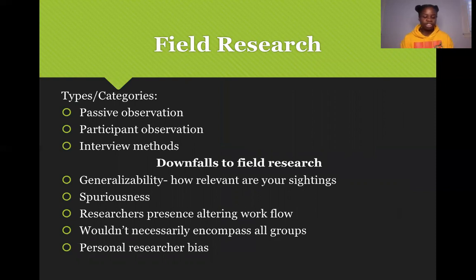Passive observation is when the researcher enters the field or the environment and really just observes, looks at, examines the field, okay? They don't have interaction with those individuals or those things in the field.